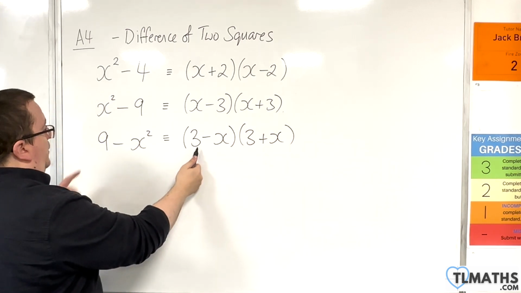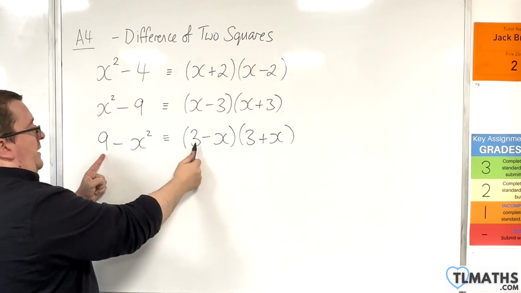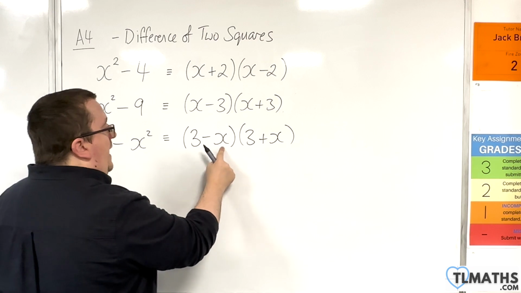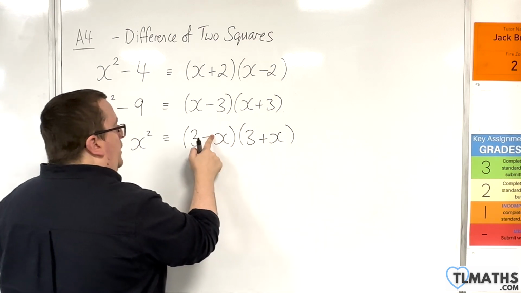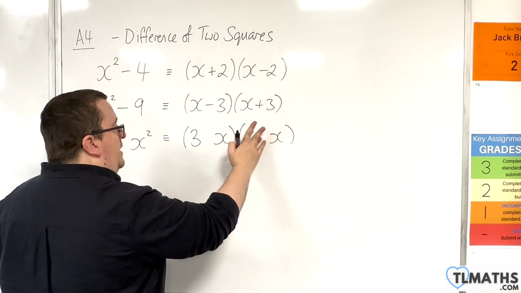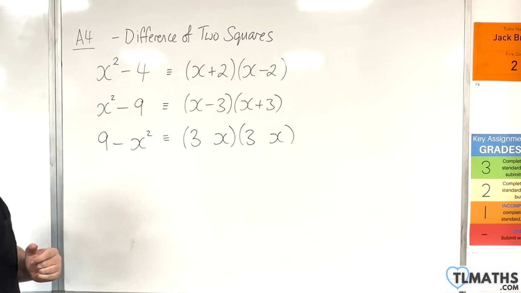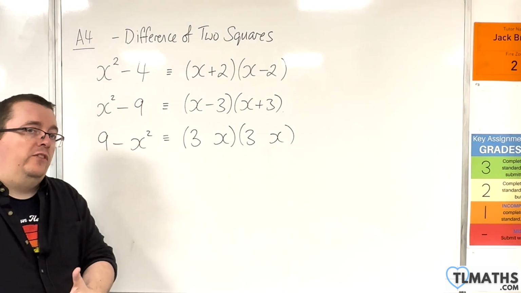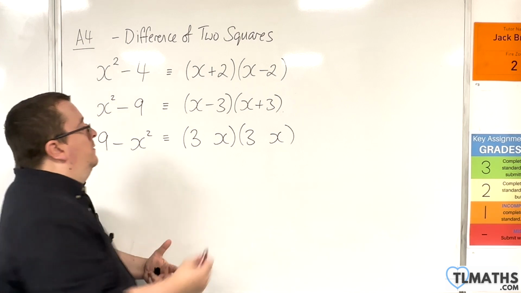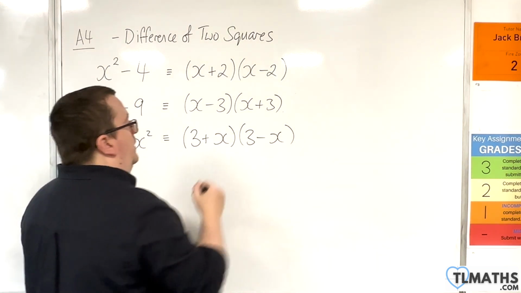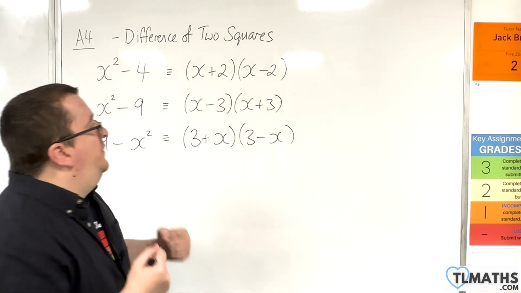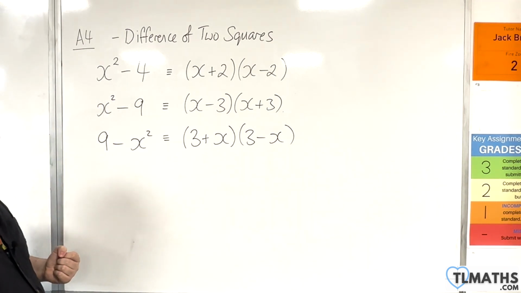So it's the two numbers square rooted. You've got the 9 being square rooted to 3, the x squared square rooting to the x. So you can kind of think of it like this initially. And then one of them's got to be plus, one of them's got to be take away. And it doesn't matter which way around you do it. And so this is how we can do that difference of two squares.